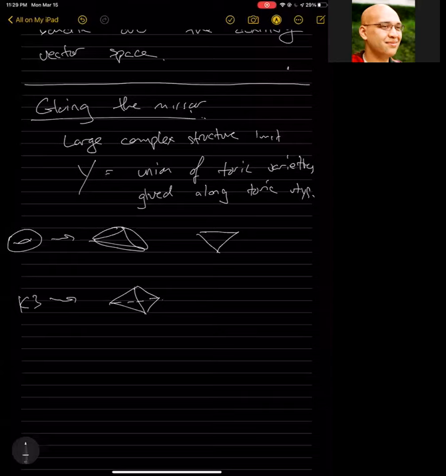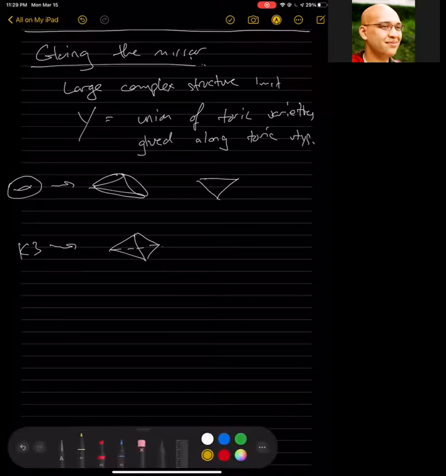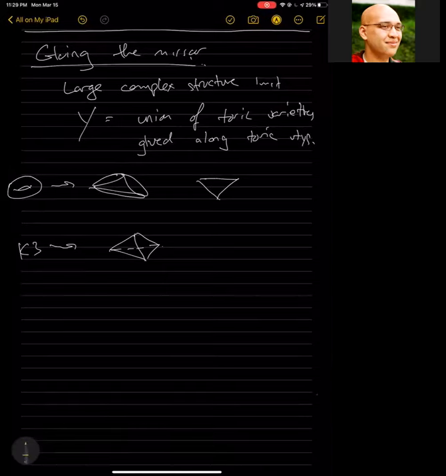And that's the large complex structure limit. And the idea of this gluing the mirror is that, so now finally we say something new, and this is work with Ben Gammage.